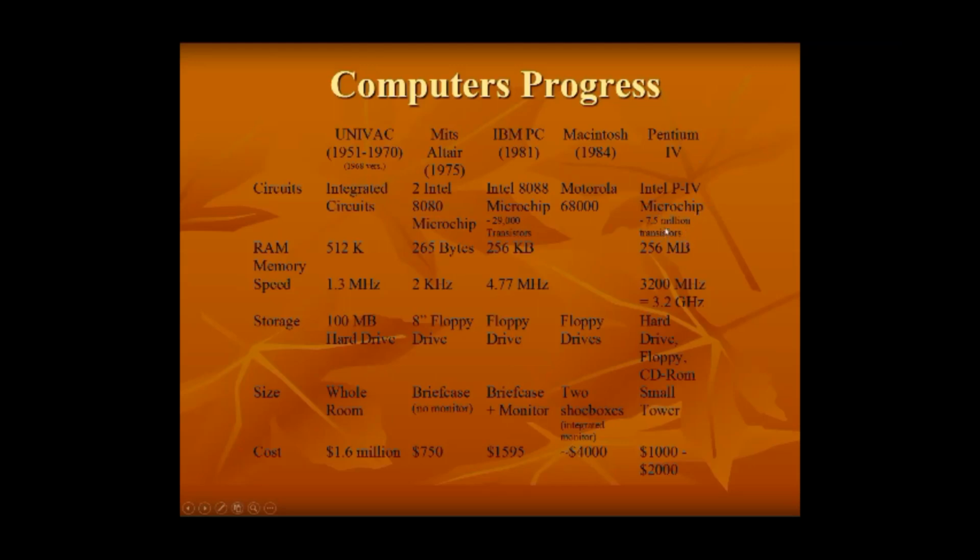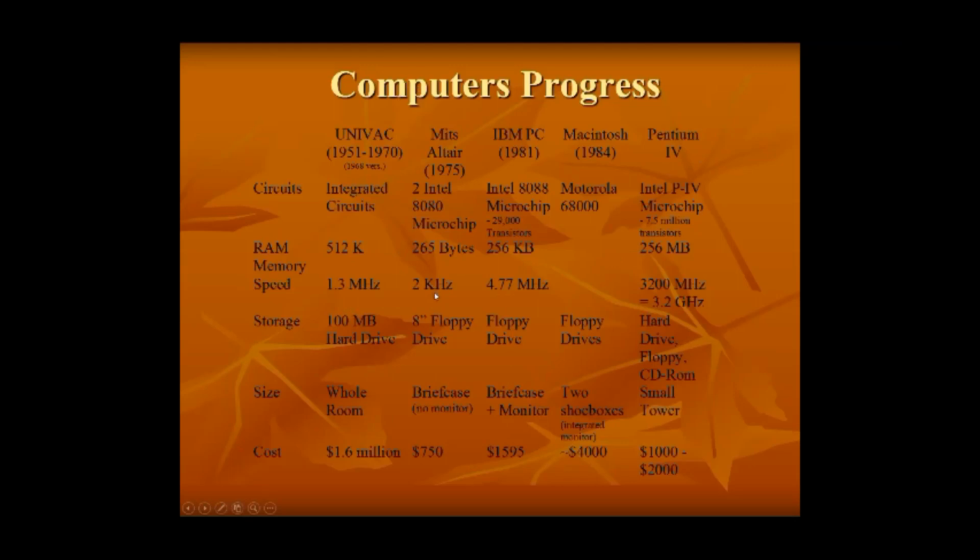So imagine that. And then the RAM, if you will notice, goes from 512 kilobytes, to 256 kilobytes, and 256 megabytes. As the technology progresses, the memory and the capacity of the computer is getting better. Even the speed: the Univac is only 1.3 megahertz.